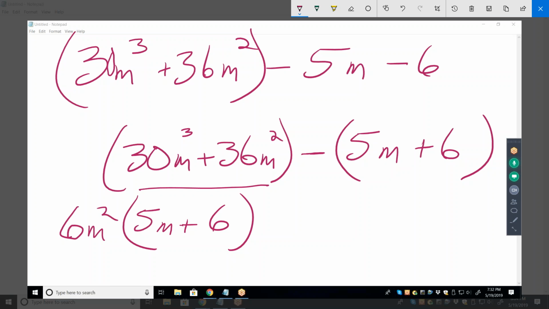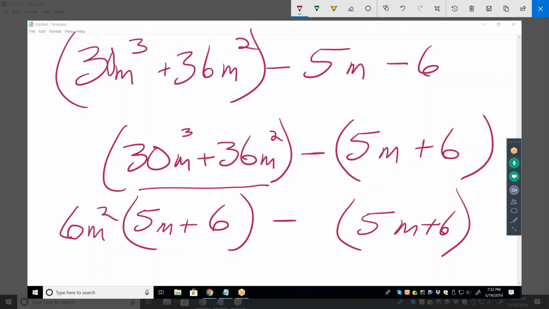Okay, now notice that there's no greatest common factor over here. So it's still that. Now, it's this part that's tricky for most students, because you have spent your whole life finding greatest common factors to be single terms, like 6m squared.